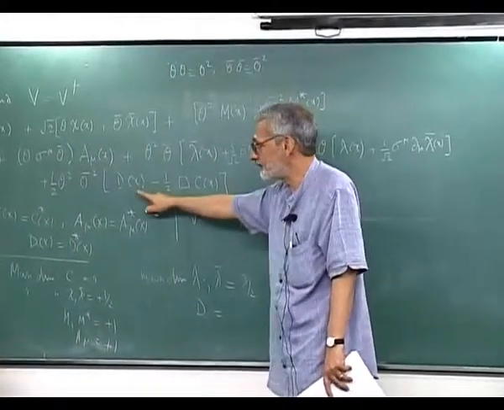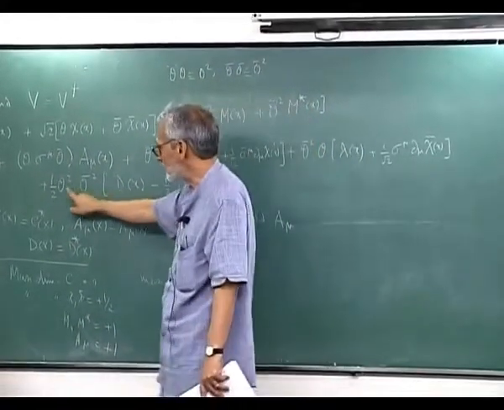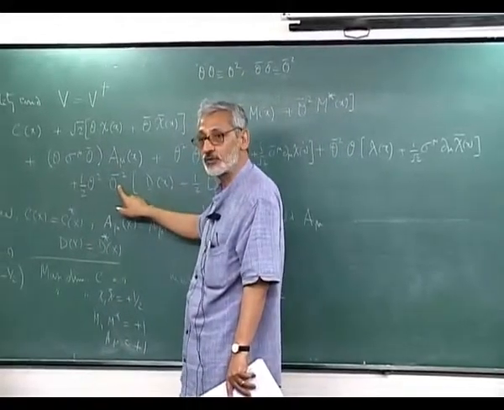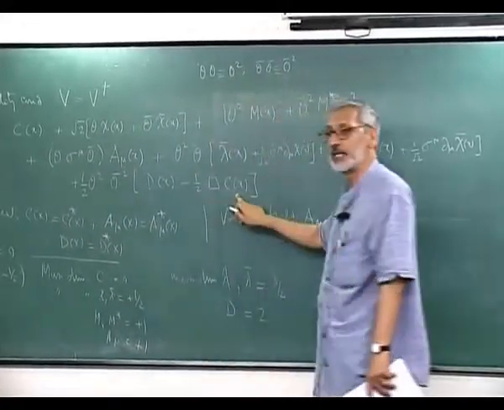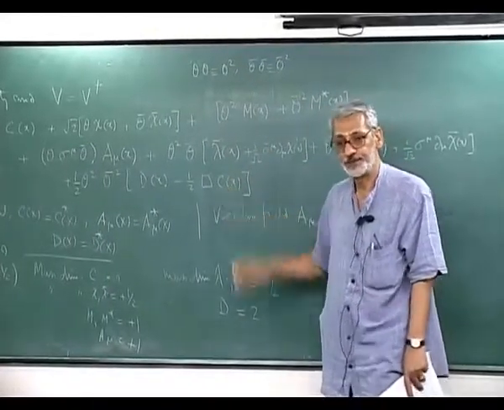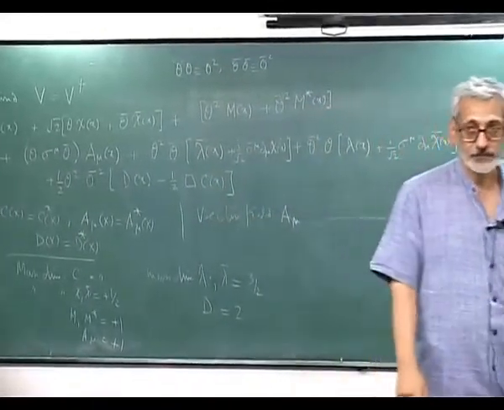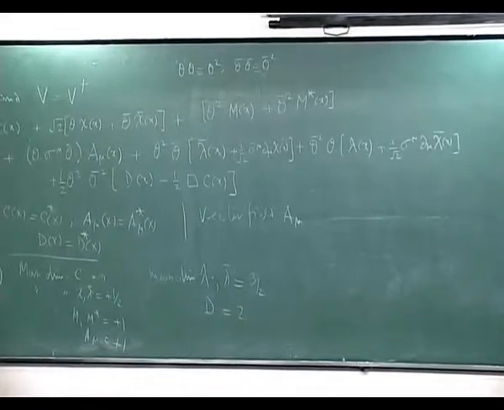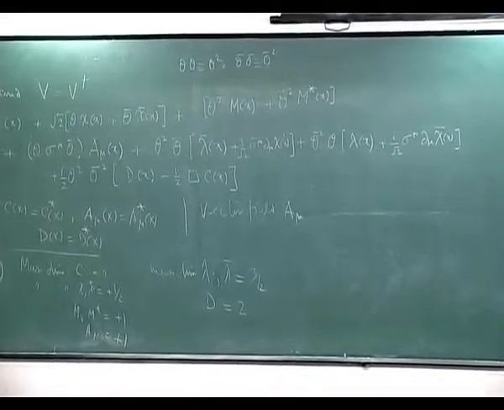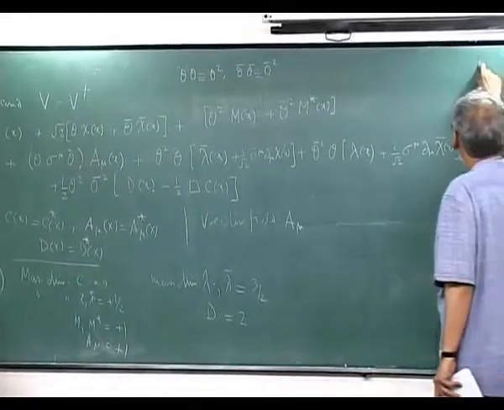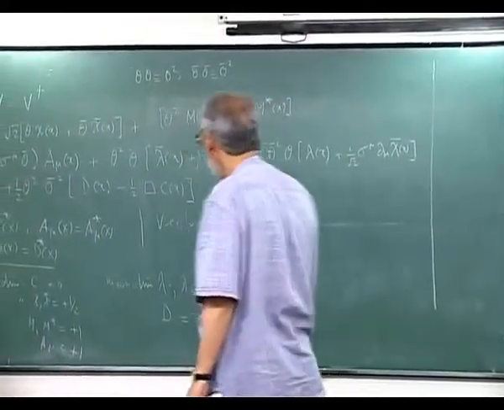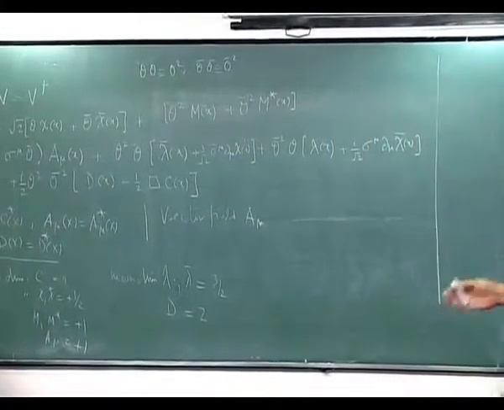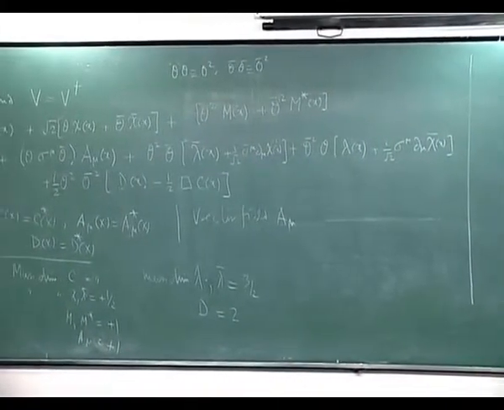Mass dimension of D, this is minus 2, so it has to be plus 2. So is the box C, because C is mass dimension 0. So this is the most general real superfield that you can write.